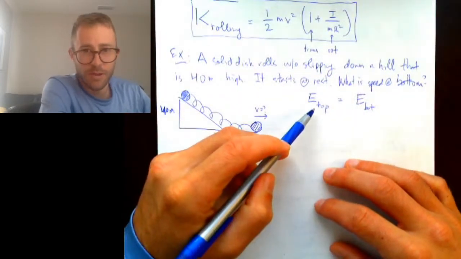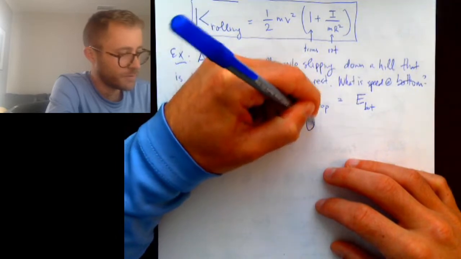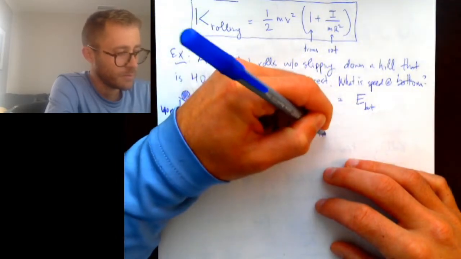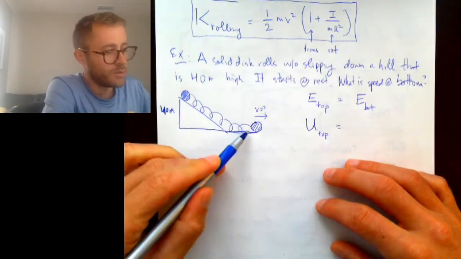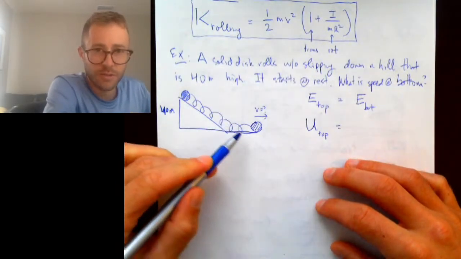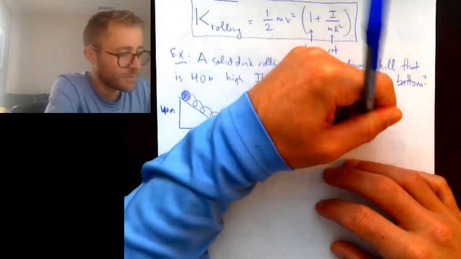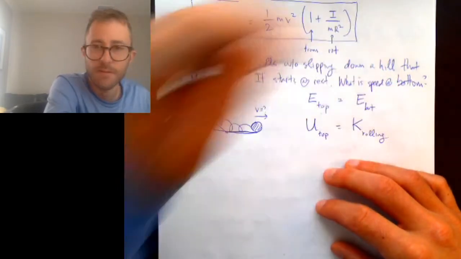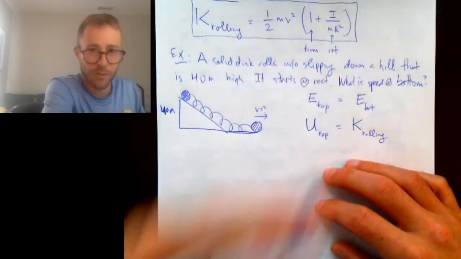At the top of the hill, we have gravitational potential energy. At the bottom of the hill, the wheel no longer has gravitational potential energy, but it has rolling kinetic energy. So now I'm going to plug in the forms of these equations.